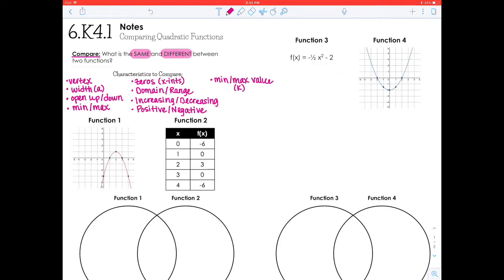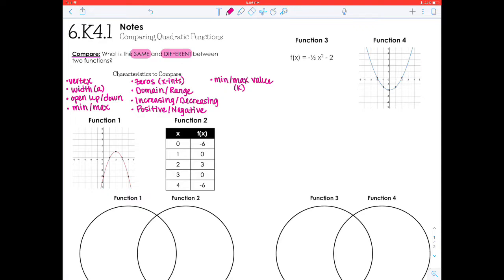Okay, all of these things we've talked about before, it might be helpful as we go through all of these comparisons to have your key features notes out. It's actually the one that I gave you right before we had AMI, and it's got your domain, range, increasing, decreasing, positive, negative, all of that.